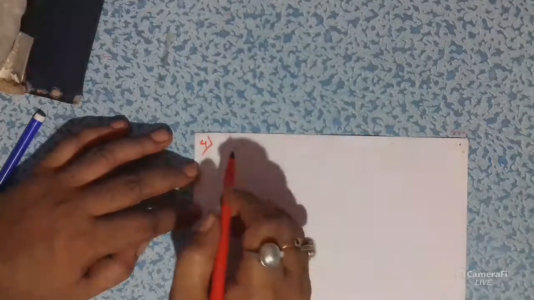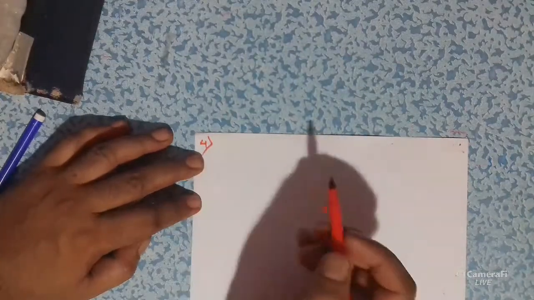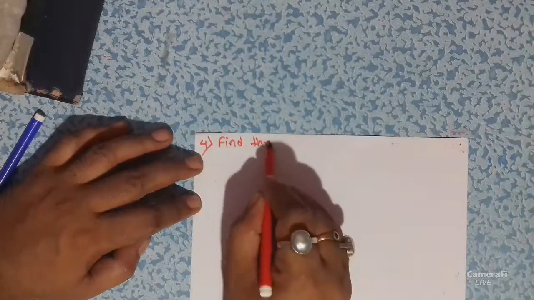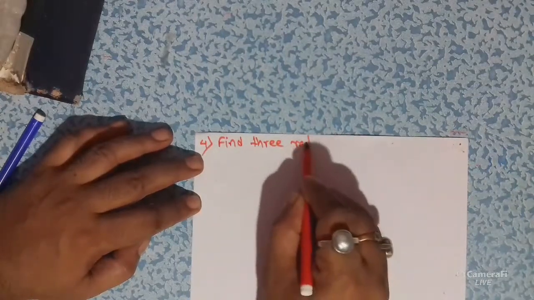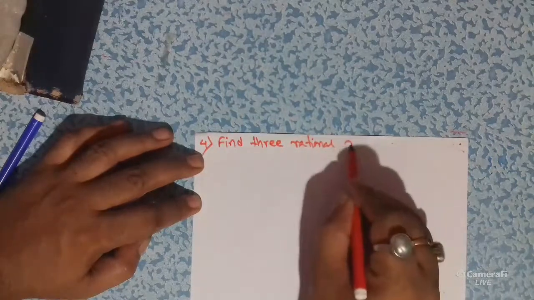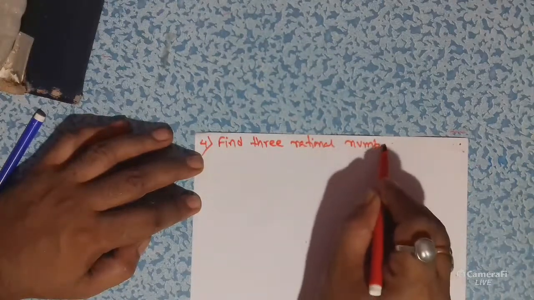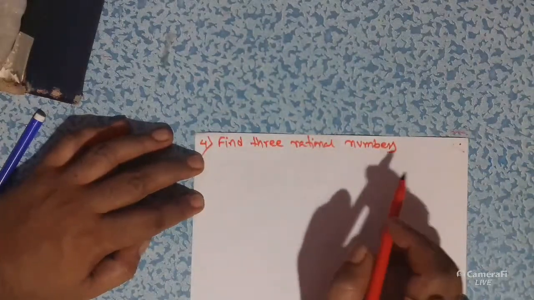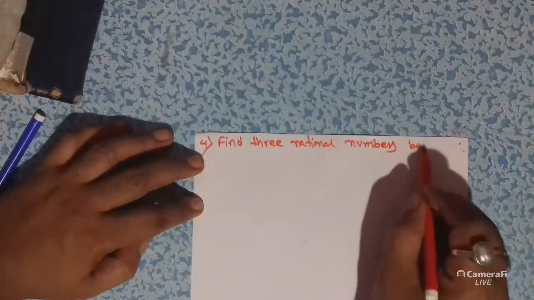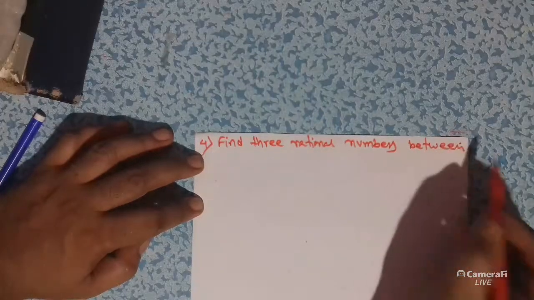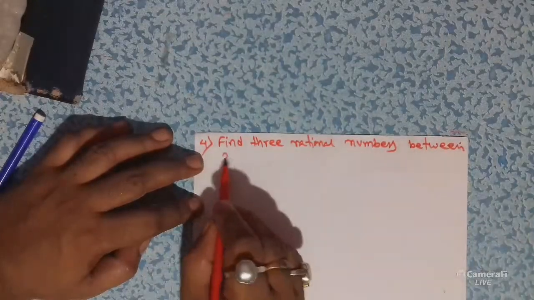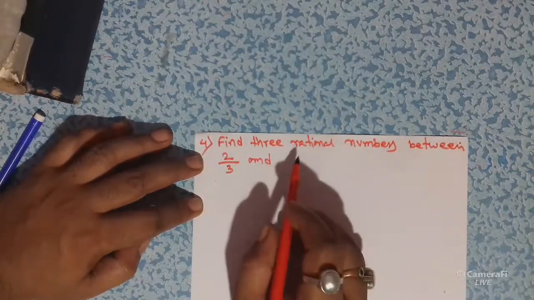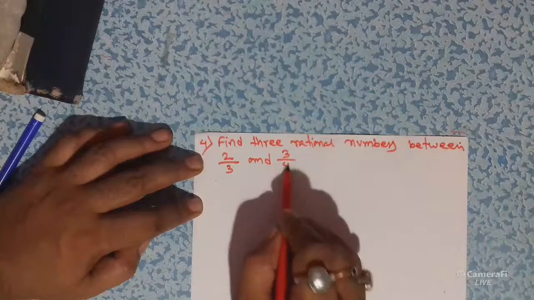Problem number 4. Find 3 rational numbers. Now you have to find 3 rational numbers between 2 by 3 and 3 by 4.